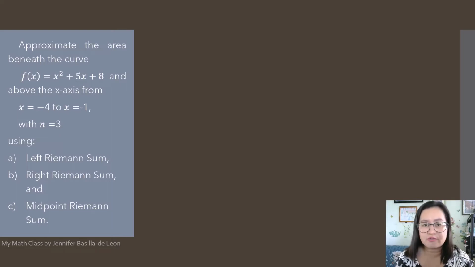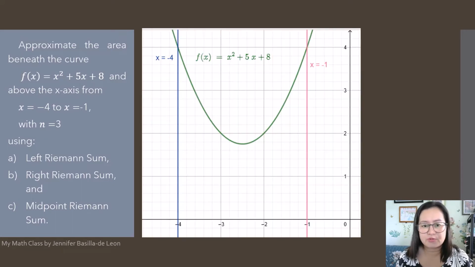Now first we graph in order to visualize the region that we are referring to. So here's the graph of the function f of x equals x squared plus 5x plus 8, whereas we have the blue vertical line for x equals -4 and then x equals -1 for this vertical line with pink color.